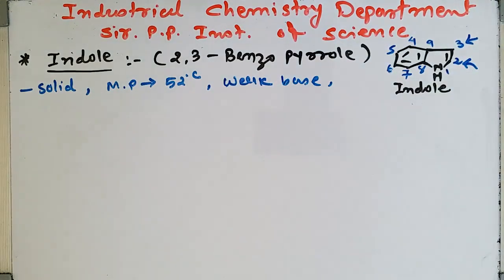When nitration, bromination, sulfonation, etc. reactions take place, the different groups are substituted in position 3 or 2 in indole.